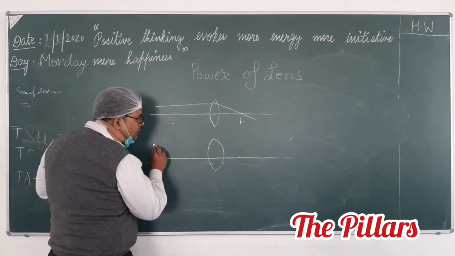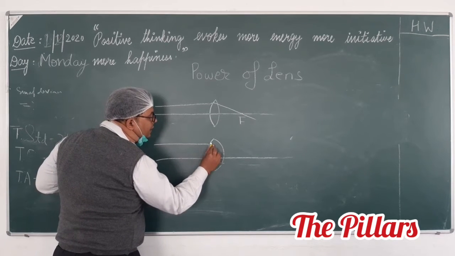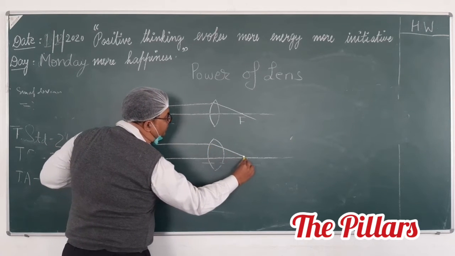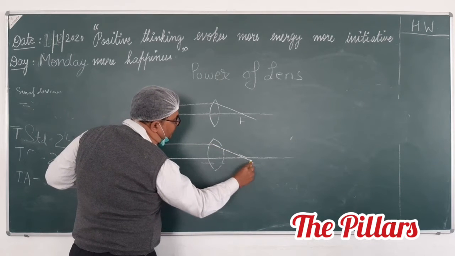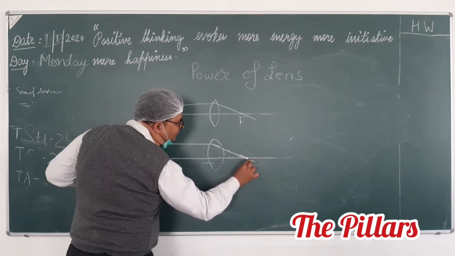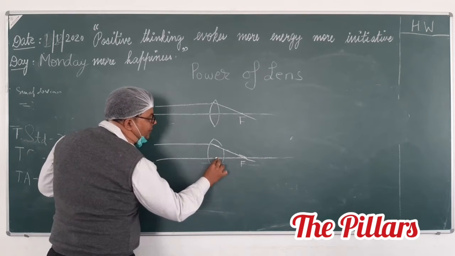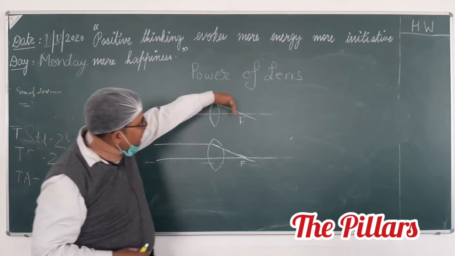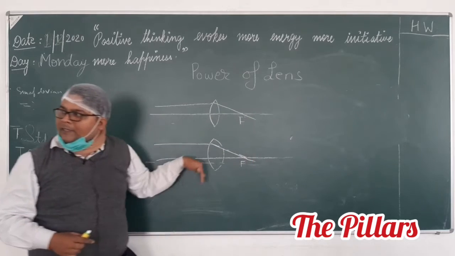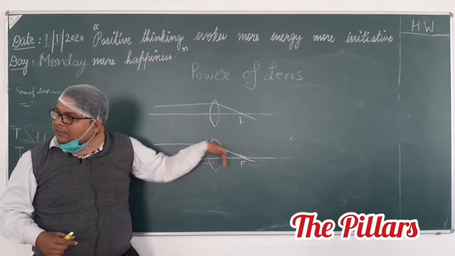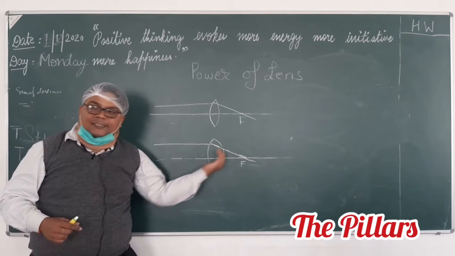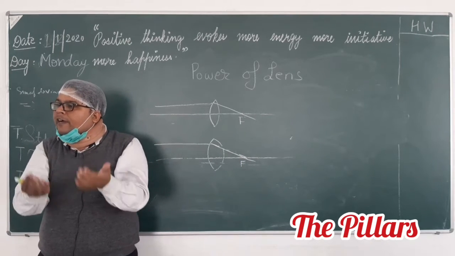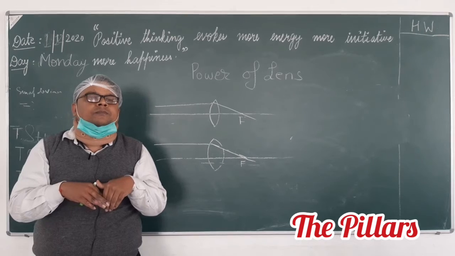So now this para-axial ray will converge nearer than the previous point. You see there is a shift in the focus towards the optical center. If the focus is shifting towards the optical center, it means the focal length will reduce.